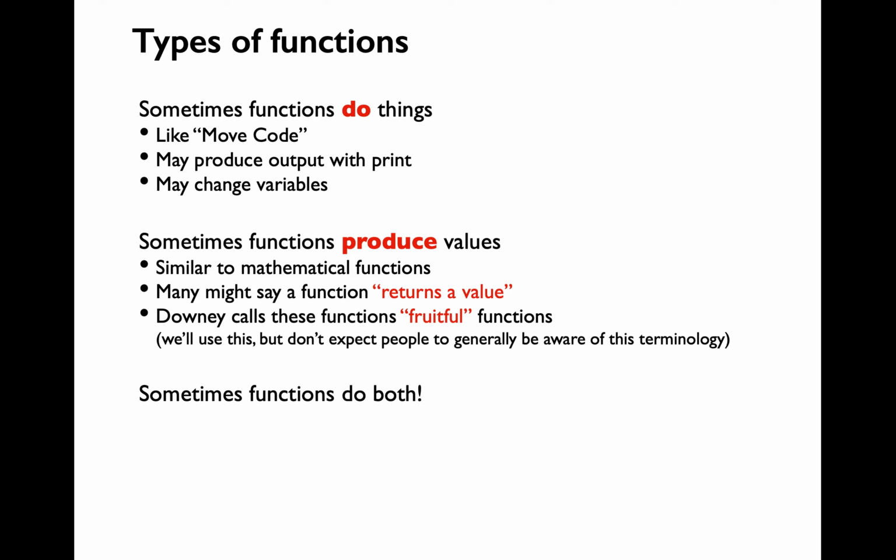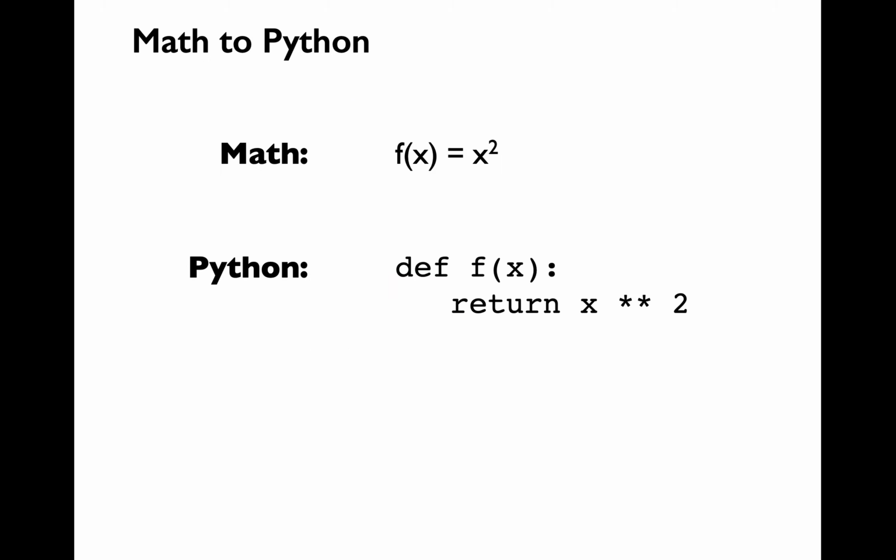We are going to go through an example mathematical function which will enable us to understand the syntax for creating functions in Python. Here is a math function definition which says f of x equal to x squared. Let's compare and contrast the math definition to the Python definition.